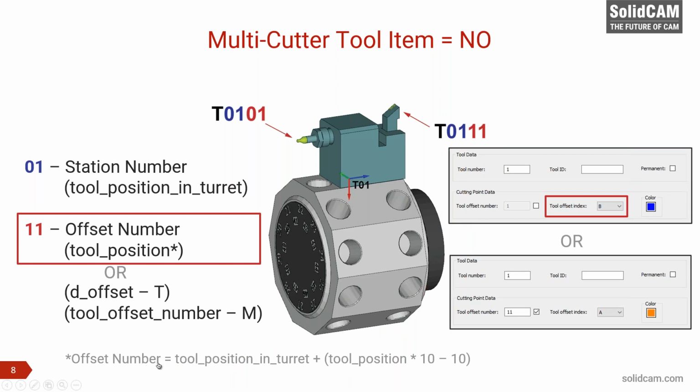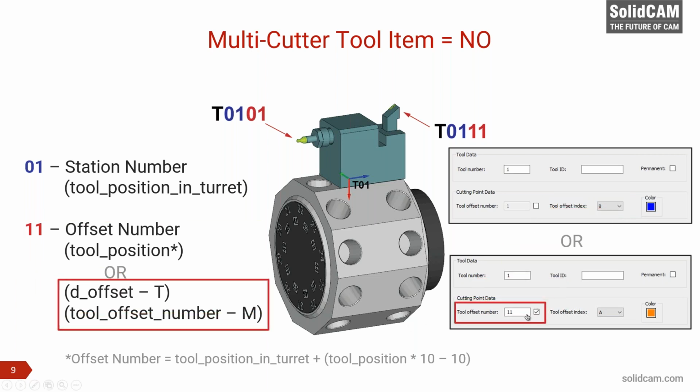But for those, and I prefer this way, and on this M32 I did it that way, because the customer said that he doesn't have a strict rule for how he's naming here. Sometimes it can be 2 tools, sometimes 3 tools. I prefer that I always use the tool offset index of A, while the customer needs to define the custom tool offset number.